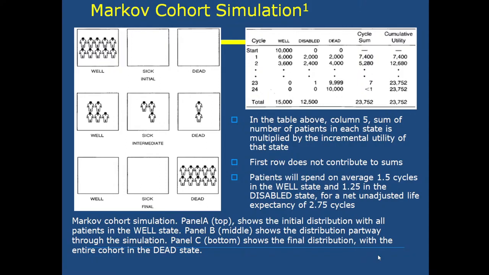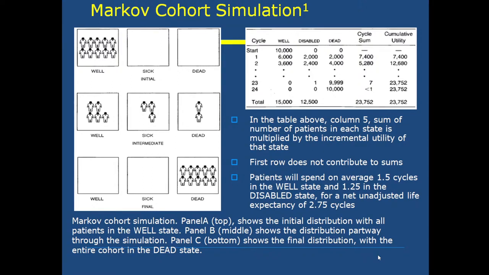Markov cohort simulation is shown in the picture on the left. At the top level, you see all the patients are healthy, all the patients are well. Panel A, top, shows the initial distribution with all patients in the well state. Panel B, the middle level, shows the distribution partway through the simulation.